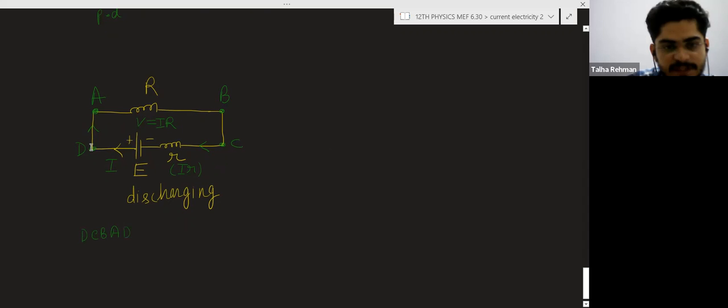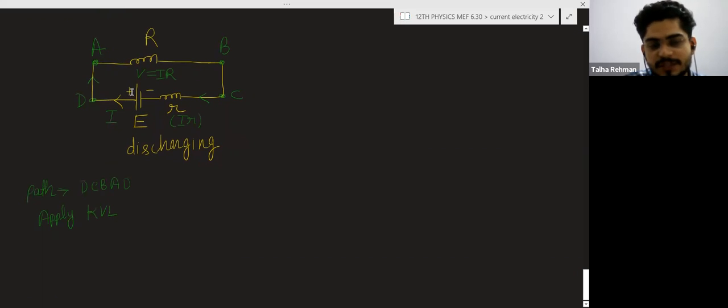Current is in this direction, and we have chosen the direction of loop in this direction. D C. We will choose this path, and we will apply KVL. Now, when we will move from D to C, here is a cell of EMF E, and now you can see you are moving from higher potential to lower potential.